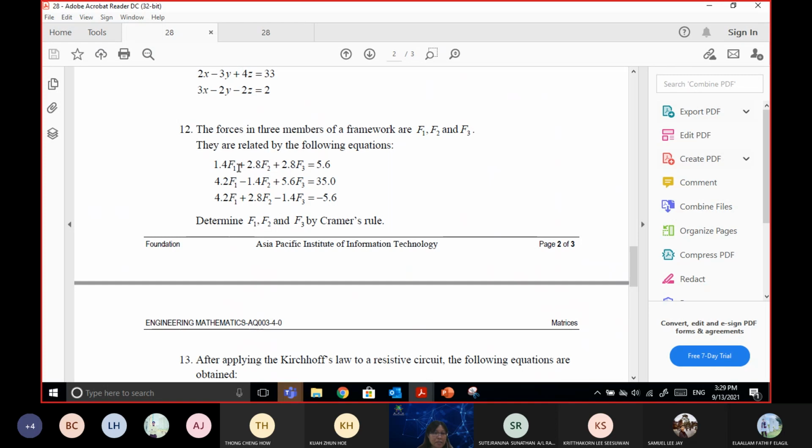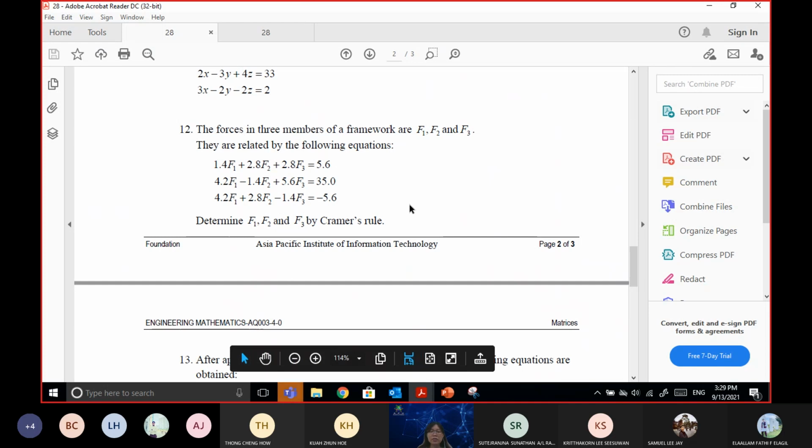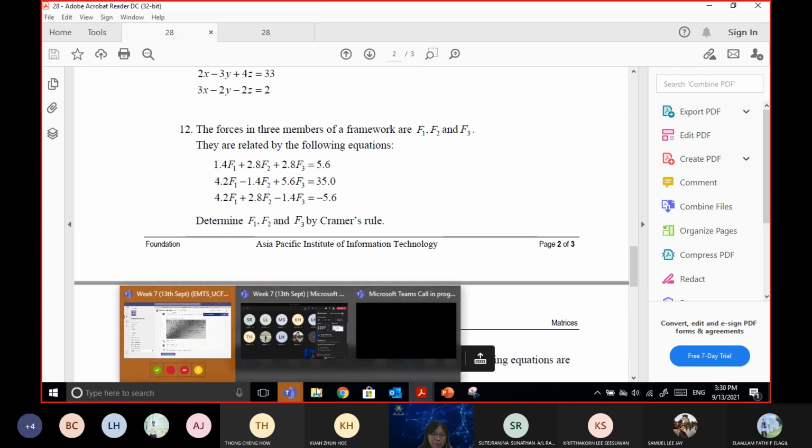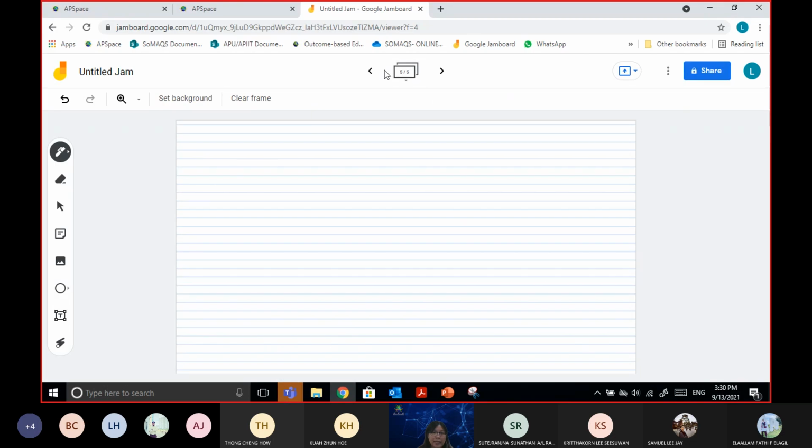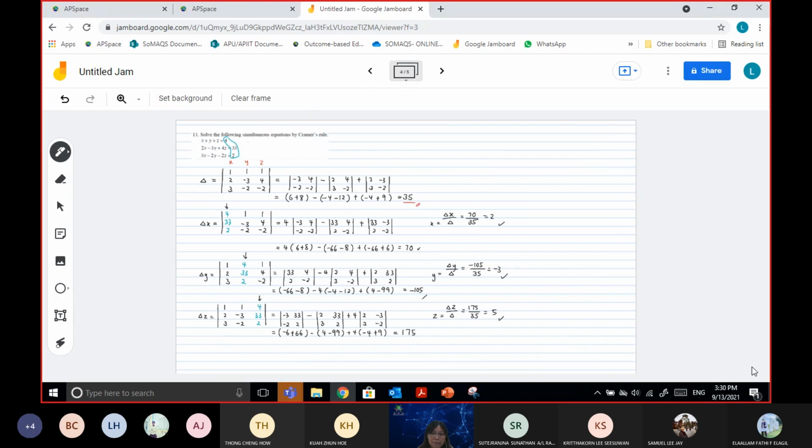I think 12 will be a bit difficult to calculate because it involves 1.4, 2.8, and so on. So let us have a short break. I'll remain on this page for you to refer. Then later we'll continue 12 and 13. If we can finish 12 and 13 before 4:30, then I may start the new topic.